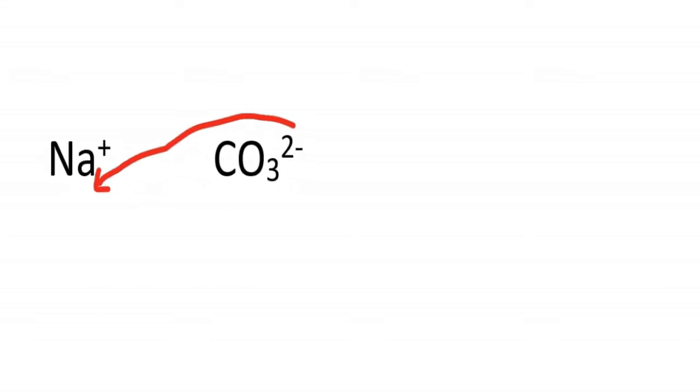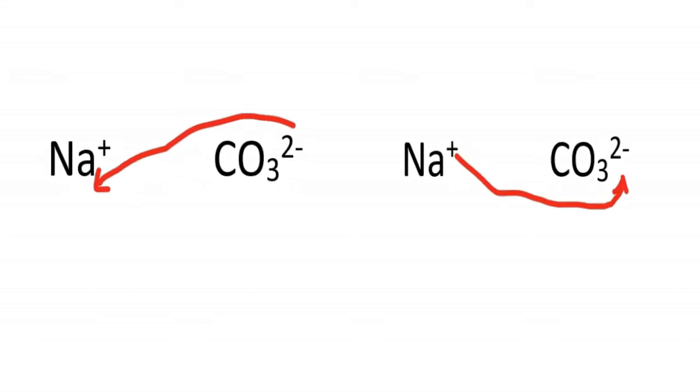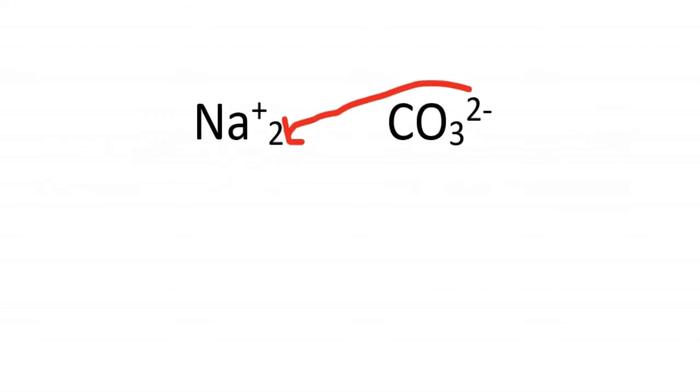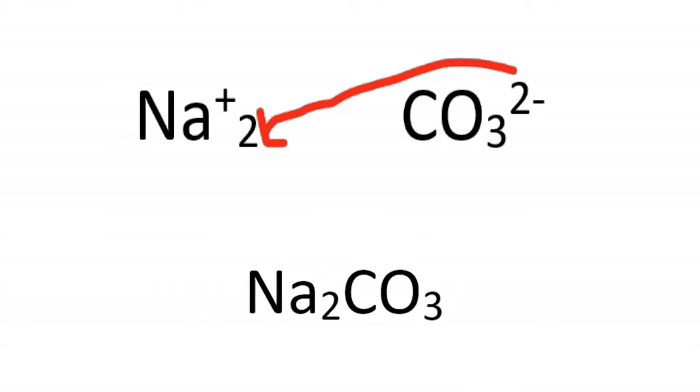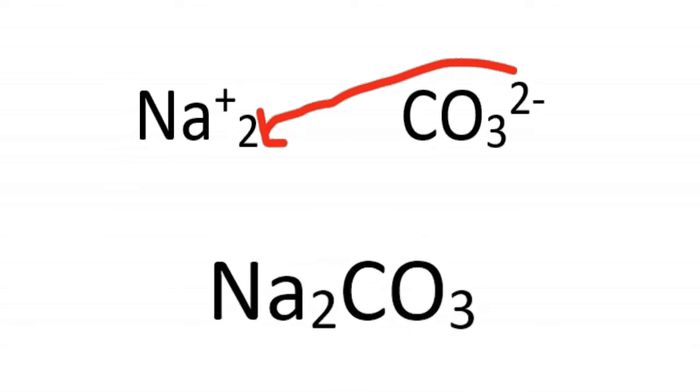And now we do the crisscross. Let's take 2 minus over here and 1 plus over here. We just write the number. No need to write the charges. And we don't write 1 minus. So the chemical formula of sodium carbonate is Na2CO3.